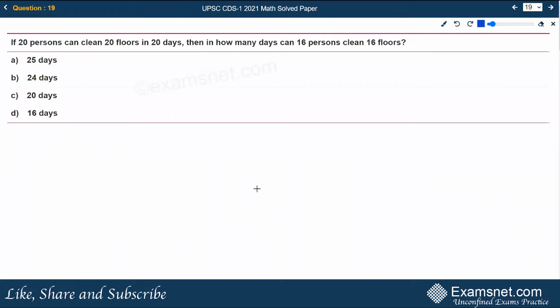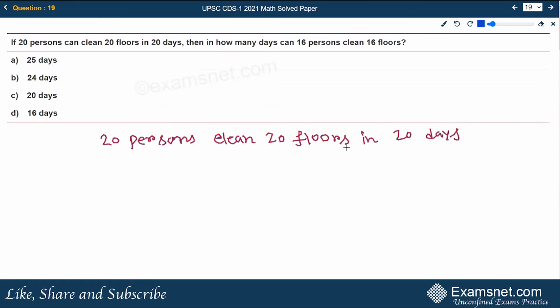In question number 19, we are given: if 20 persons can clean 20 floors in 20 days, then in how many days can 16 persons clean 16 floors? This type of question needs to be solved by the unitary method. Let me show you how. So here it's given 20 persons clean 20 floors in 20 days, correct?